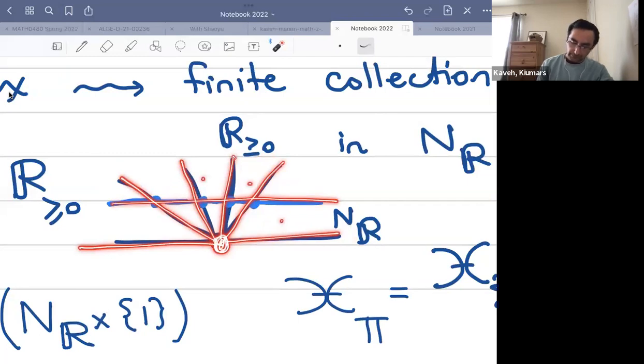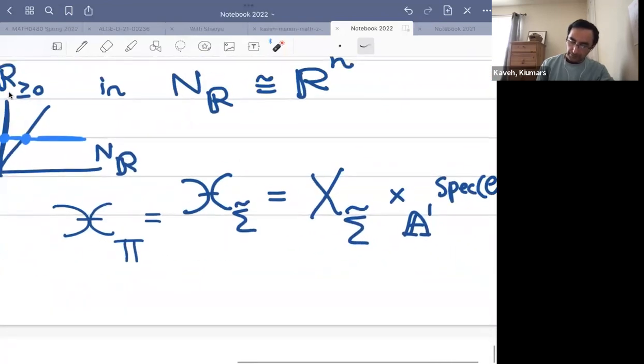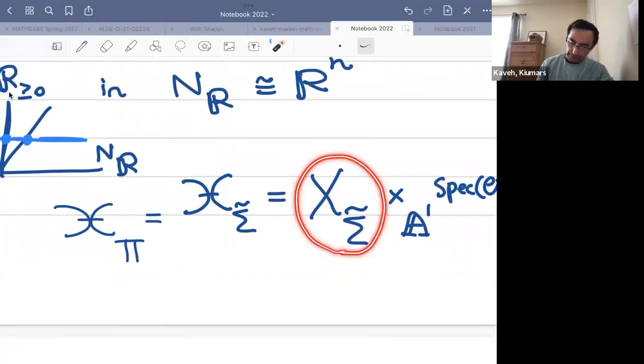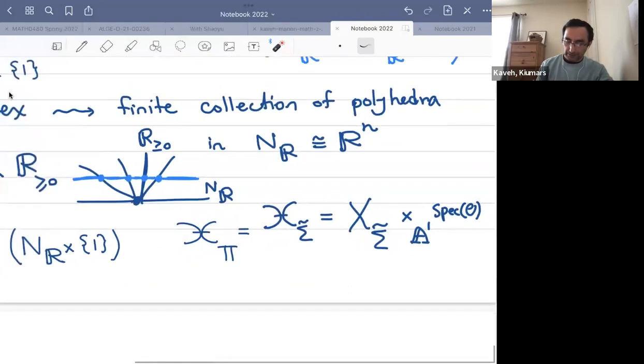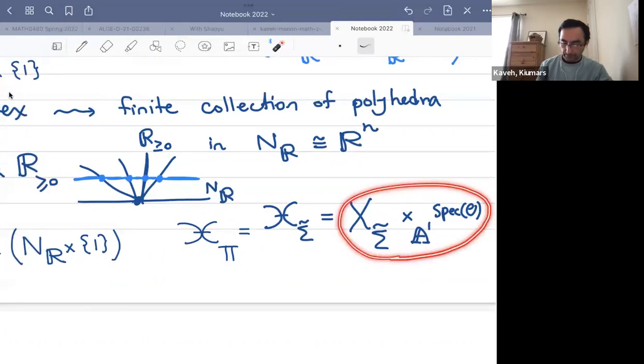Then construct the usual toric variety of this fan, which I call X sigma tilde. Sigma tilde is the fan over that polyhedral complex, so it's an n plus 1 dimensional toric variety. If you fiber product it with Spec of your discrete valuation ring, you get that toric scheme.